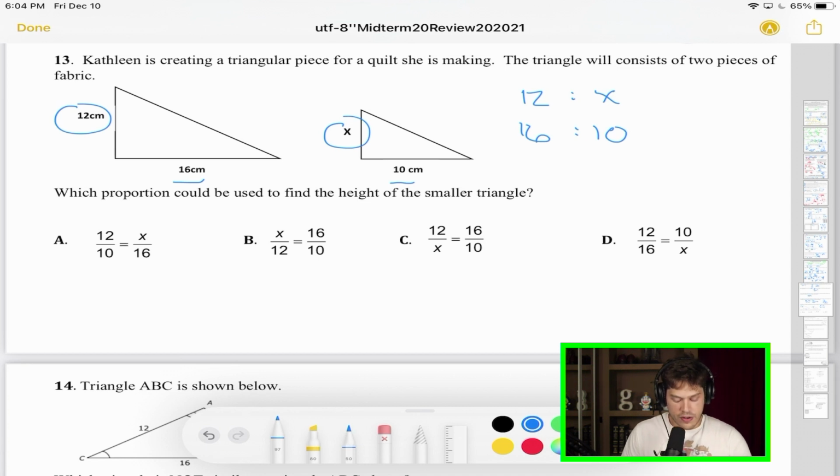These are using fractions, but still, notice that the 12 and 10 are opposites. Where are our 12 and 10 opposites? They're only opposites here. Here we have 12 and 10 next to each other on all of these. That's not what we want. We want 12 and 10 to be opposites. Okay.